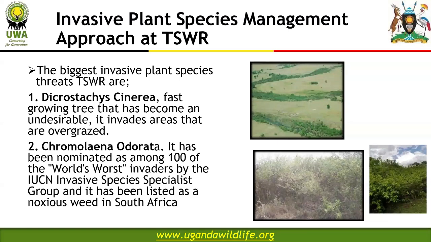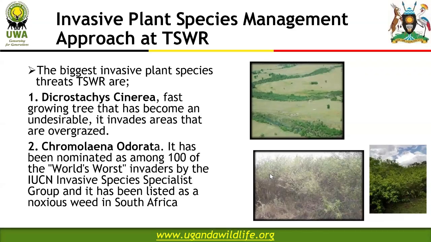We also have Chromolaena odorata in the same park, which is very dangerous. You can see the photo here. Where this one establishes itself, it also behaves like Dichrostachys cinerea, and it covers the entire area. And the worst of it, it is not palatable to any animal species, and once you burn it, it cannot burn.